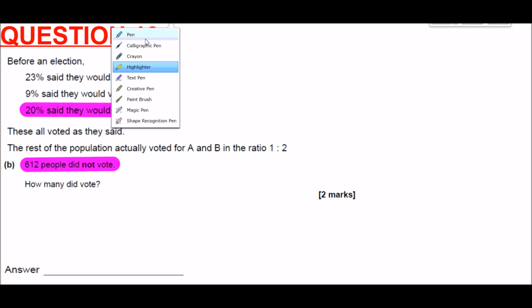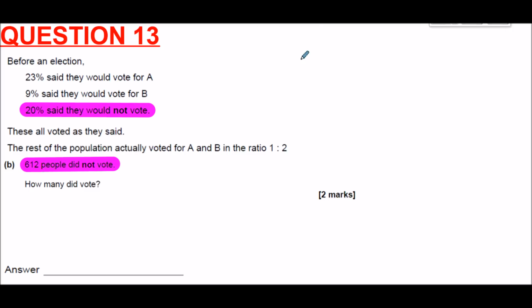So from these two pieces of information, we can work out that 20% of people must be these 612 people. So it's now saying how many people did vote.